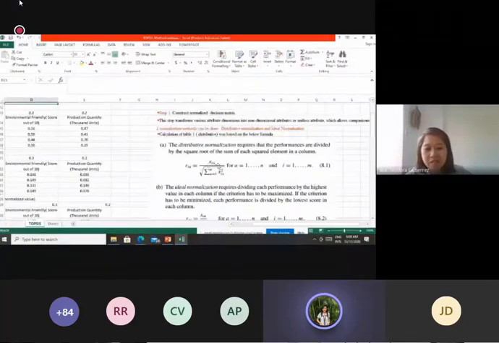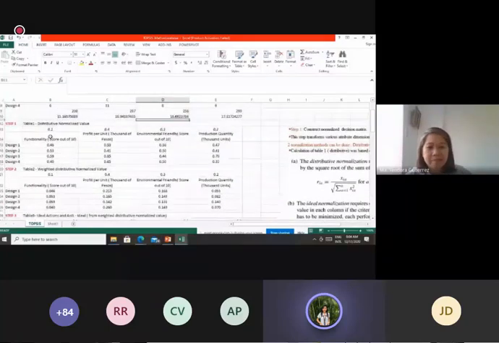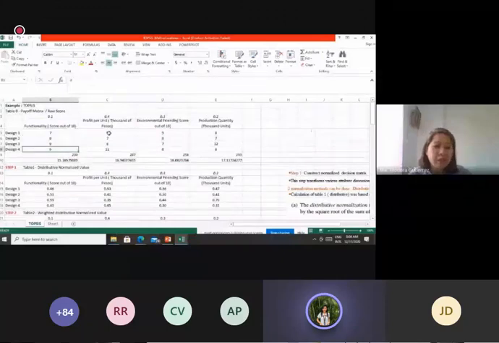r_ij is equal to x_ij over the square root of your summation of x squared_ij. So in this case, the element is designated as your x. So here, to get the denominator, you have to get the square root of this element. 7 squared plus 8 squared plus 9 squared plus 6 squared is 230, and get the square root.